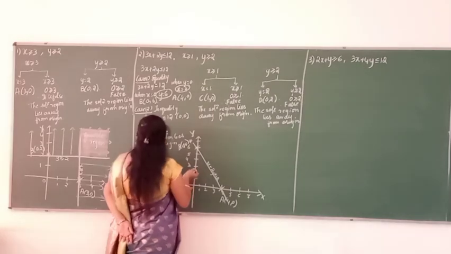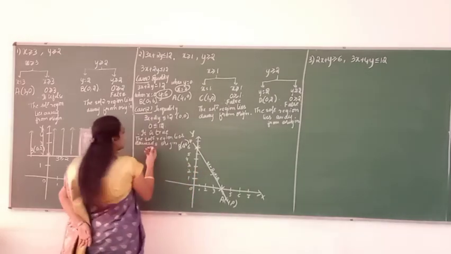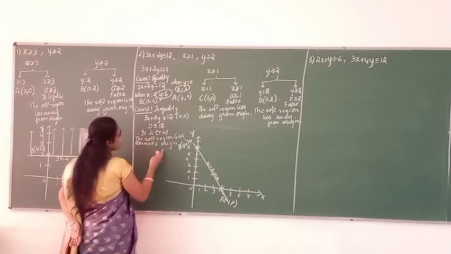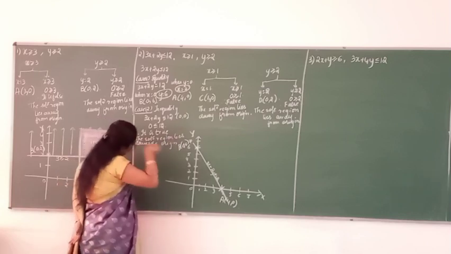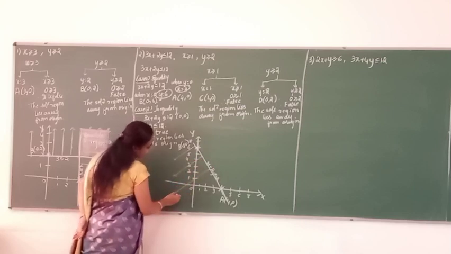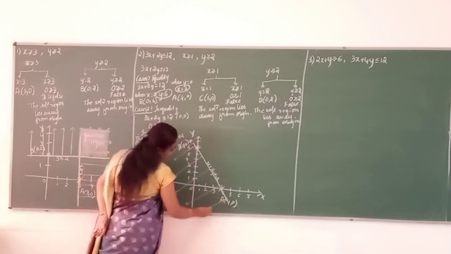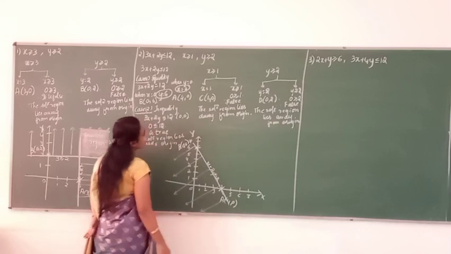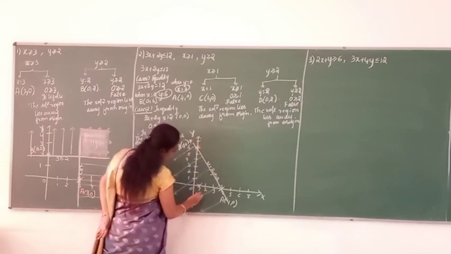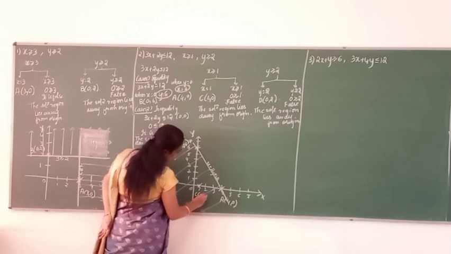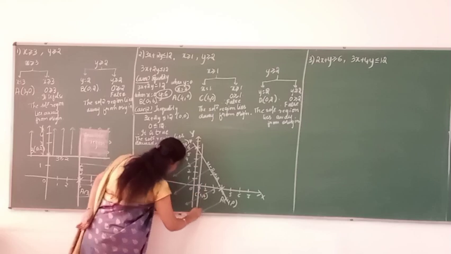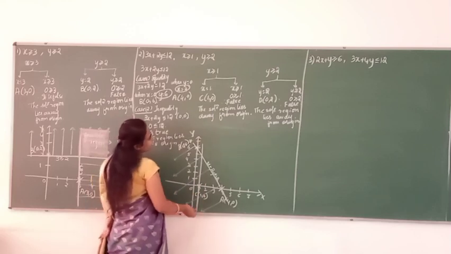Fine. Here the inequality states that it is true, the solution region lies towards the origin. We are just drawing it lightly. Okay. And the next one, x is equal to 1, which is your C coordinate (1, 0). So it lies away from the origin.